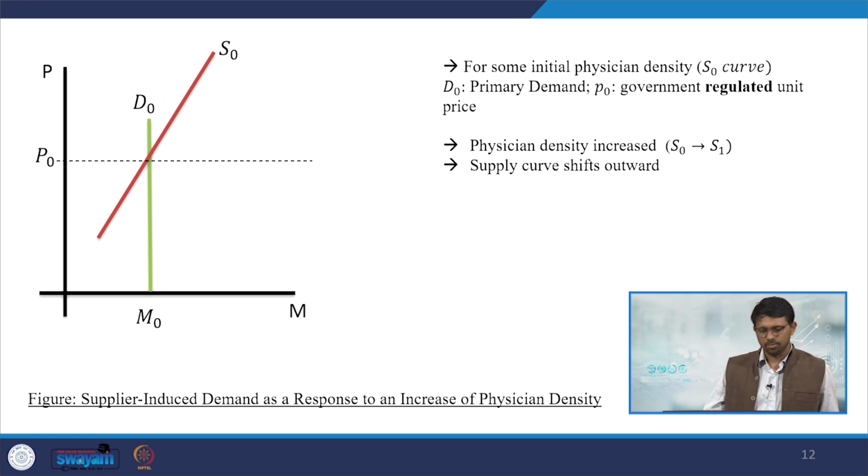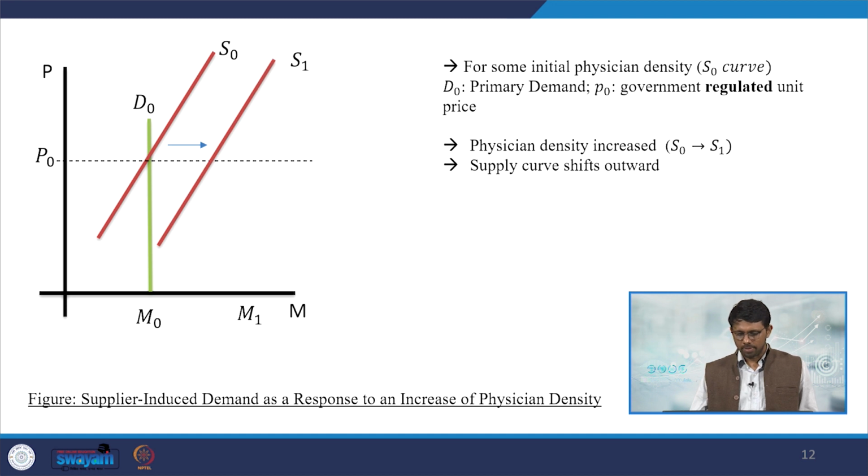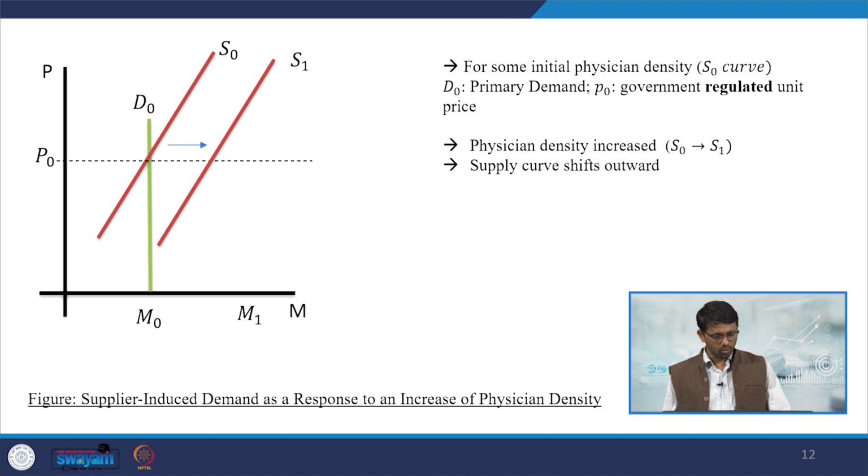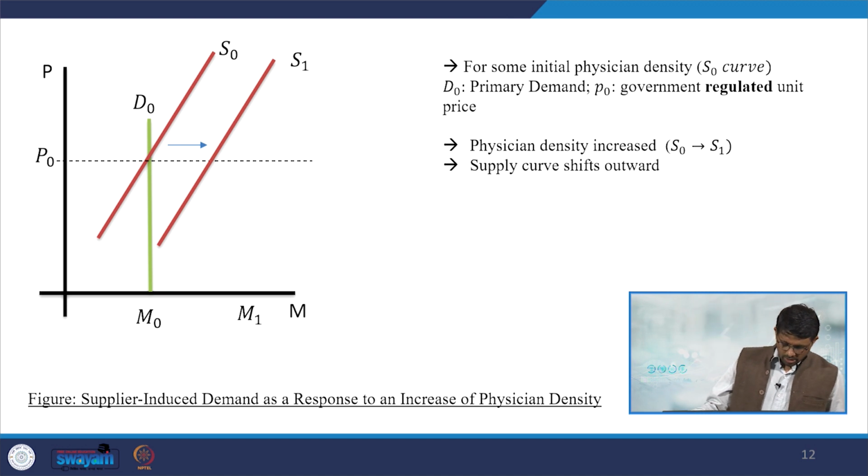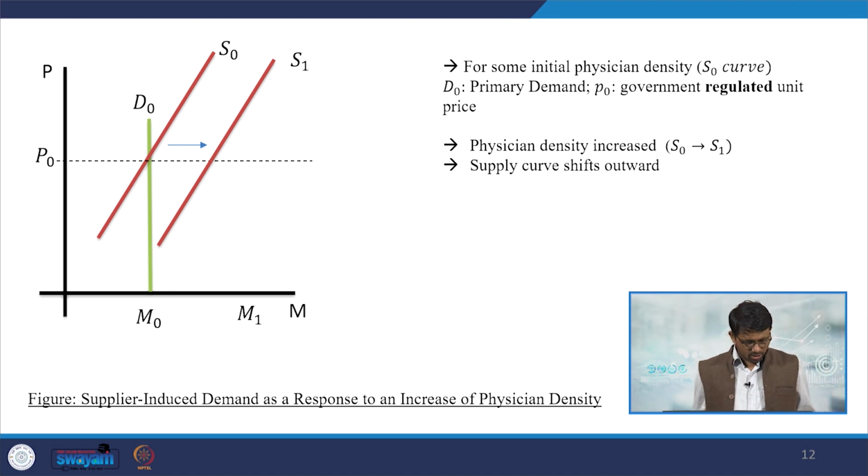Suppose physician density increases from S0 to S1, what really happens? The supply curve shifts outward. Here we are discussing supplier induced demand as a response to an increase in physician density.